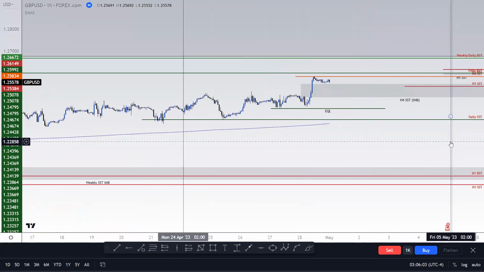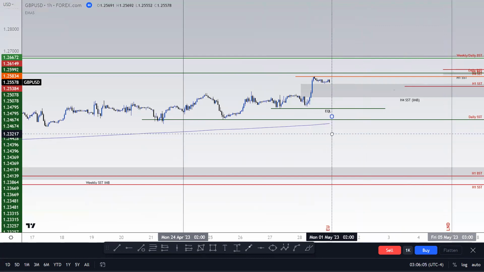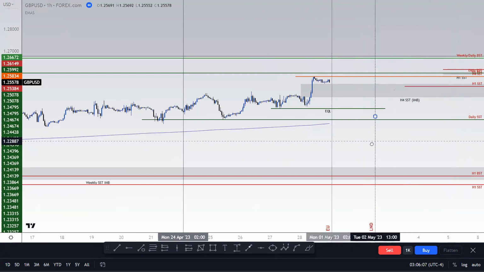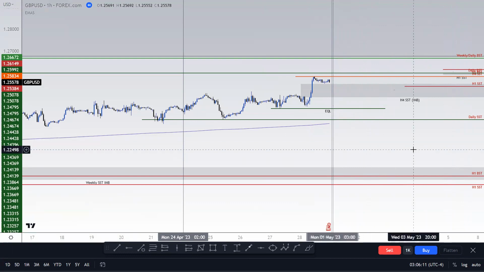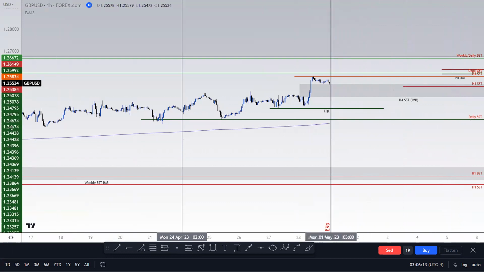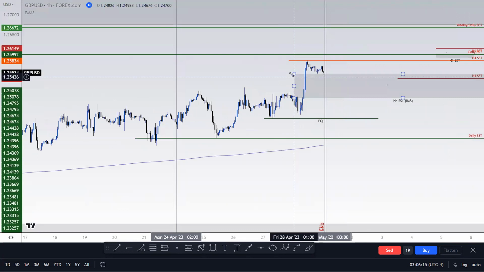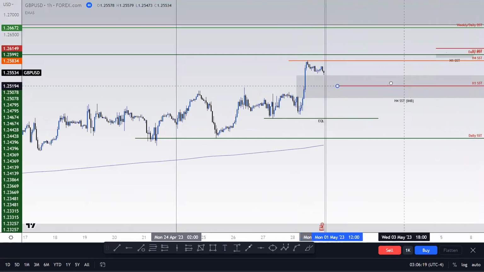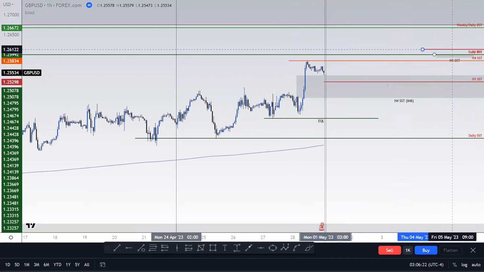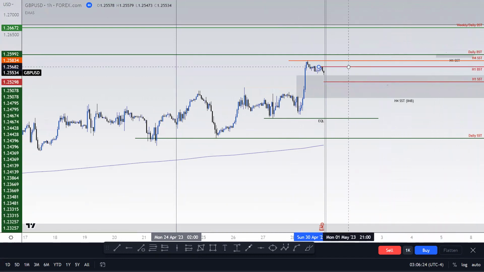So on the 1-hour time frame, I'm just going to adjust these lines just before the open of the European session. So just before the European Open, the next draw on buy side is the swing high right here.